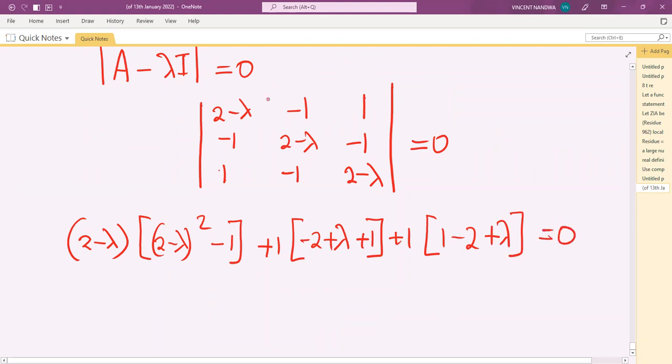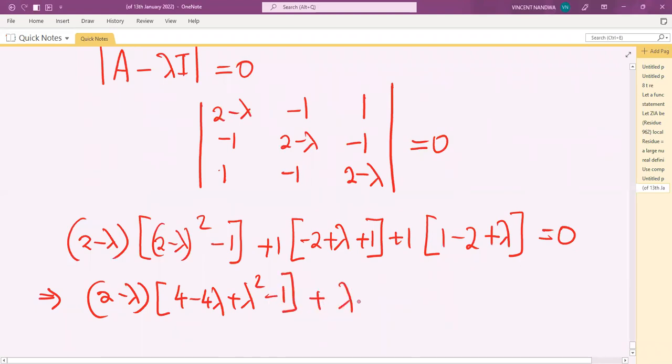I'm expanding along the first row. So simplifying this, I'll get 2 minus lambda into brackets 4 minus 4 lambda plus lambda squared minus 1, plus lambda minus 1 plus lambda minus 1 equals 0.